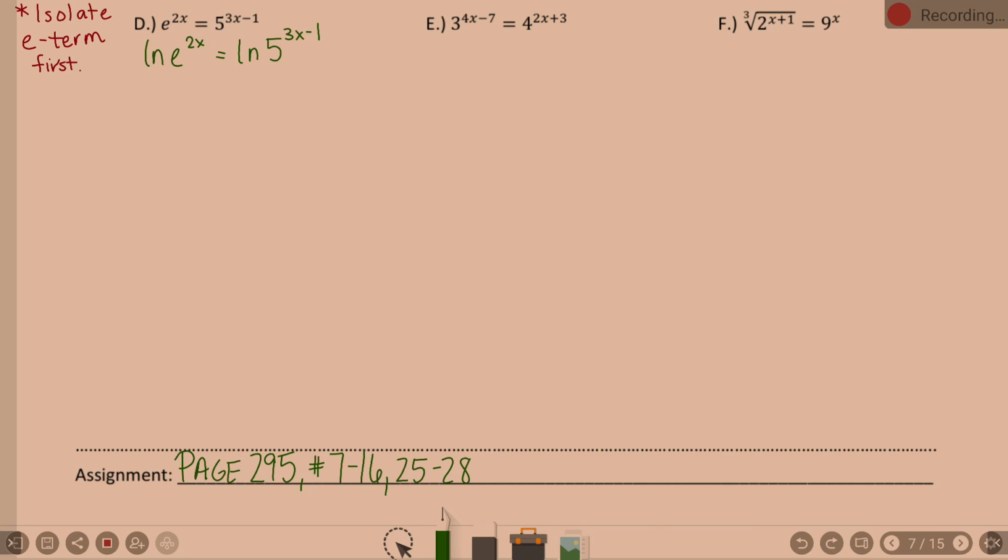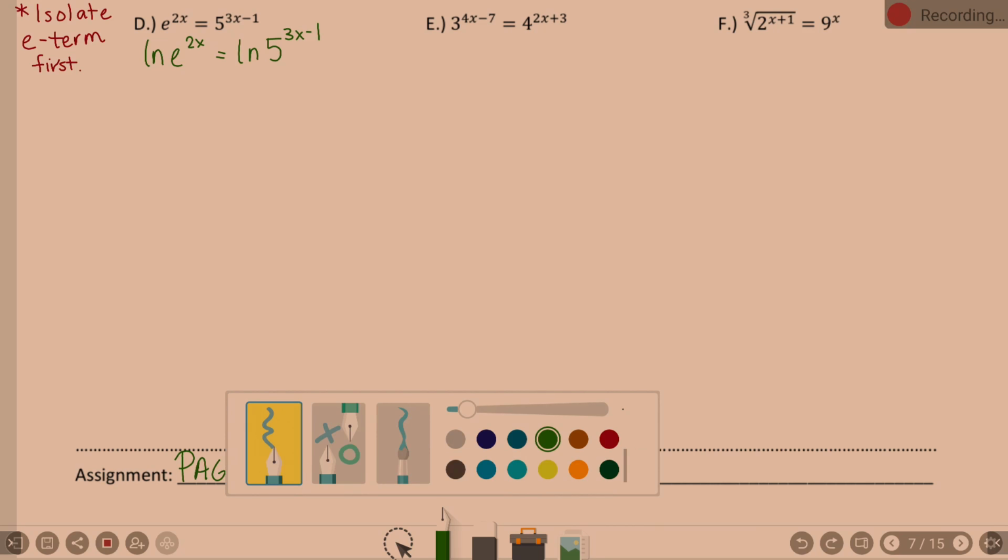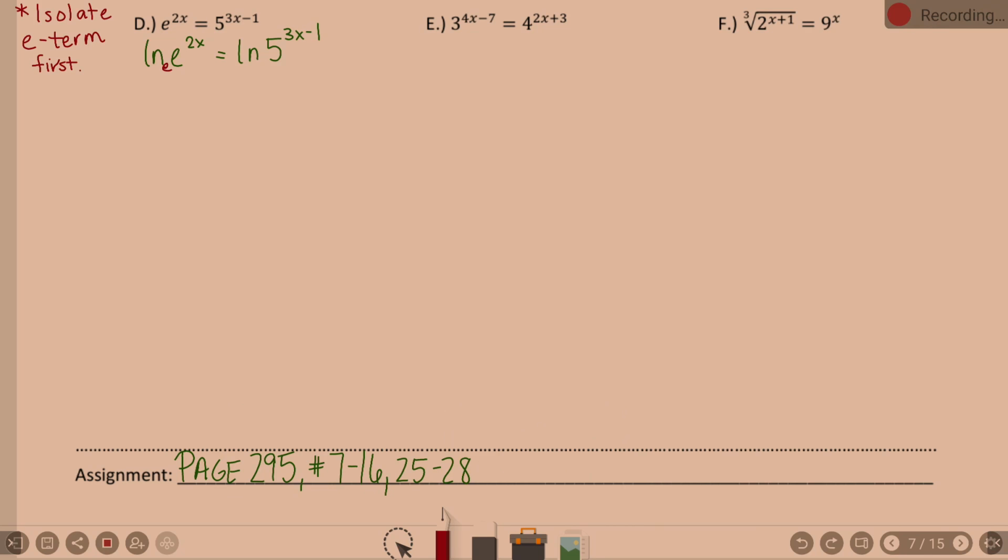Now, we can do that. There is a shortcut on the left. Natural log of e^(2x). It's a good one to try and catch. Natural log is base what? e. Base e. Do you remember a property there?